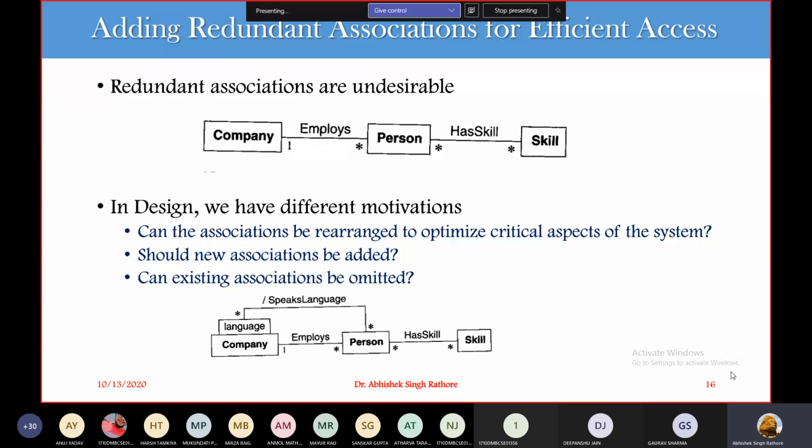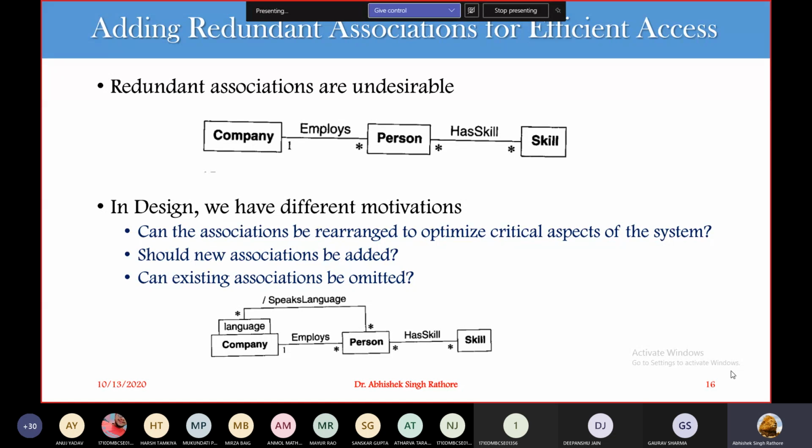These associations from your analysis phase may not form an efficient network, but when we consider access patterns or relevant frequency, then we can say that we can add some redundant association.